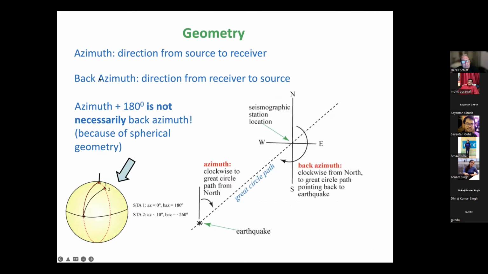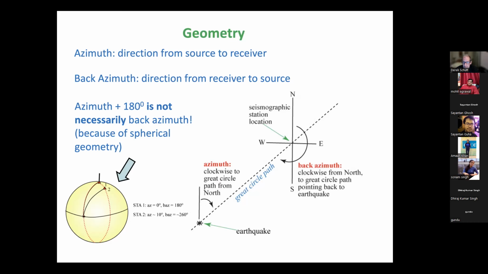All right, now I want to talk about the geometry. If I have a source at this star here, and then it is observed at triangle 1 or triangle 2, the azimuth is the clockwise path from the earthquake to the seismogram.